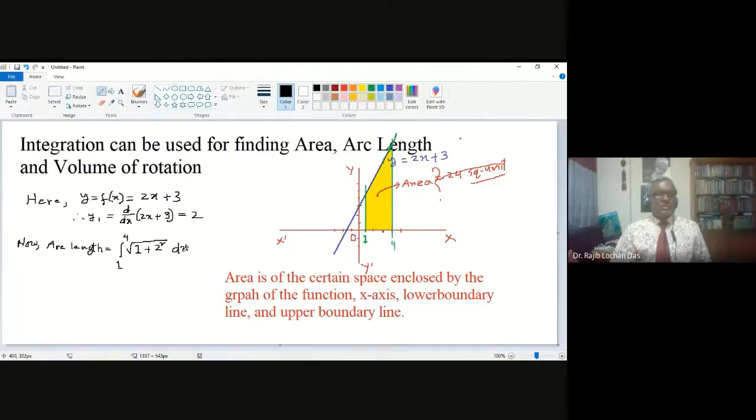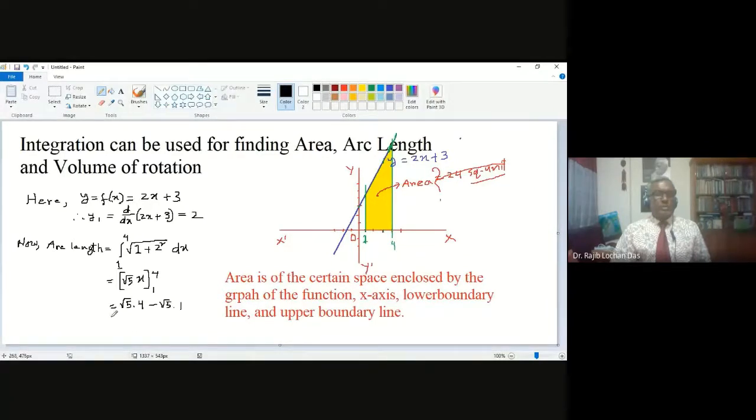So it is just a number, there is no x here. So it is root over 5, right? I can write it directly. After integration, it will be root 5 x, with bracket 1 to 4. And it is root over 5 into 4 minus root over 5 into 1.